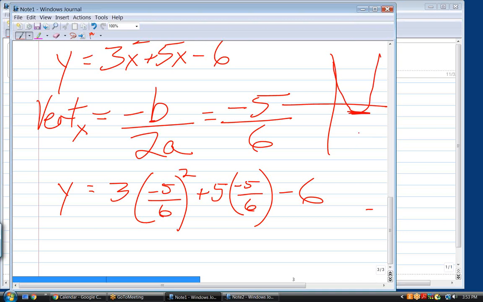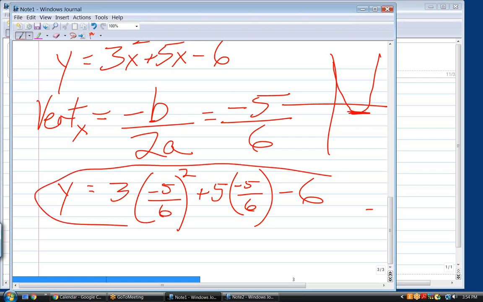And I don't honestly know whether it's going to be below the x-axis or above it. Looks like it might be a negative number. Yeah, it's definitely going to be negative. So it will be down here.